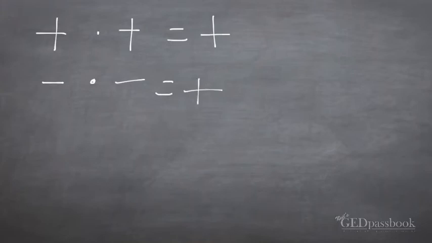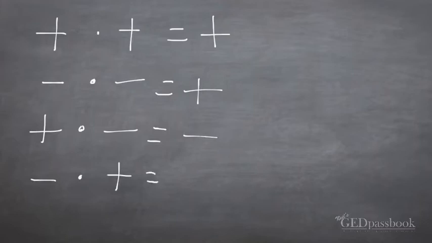Positive. A positive times and or divided by a negative equals what? And a negative multiplied by a positive and or divided by a positive equals? Negative. That is the rule for multiplying and dividing integers. Well, what does all that mean? How do you apply that into the math? Really, really straightforward. Watch this.